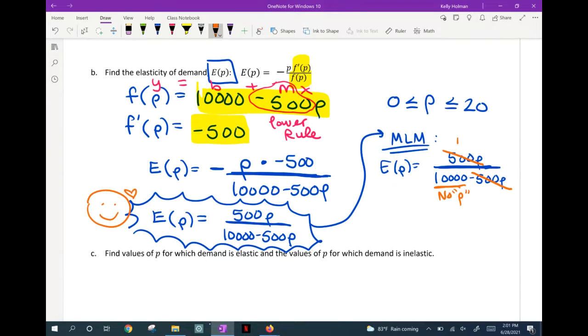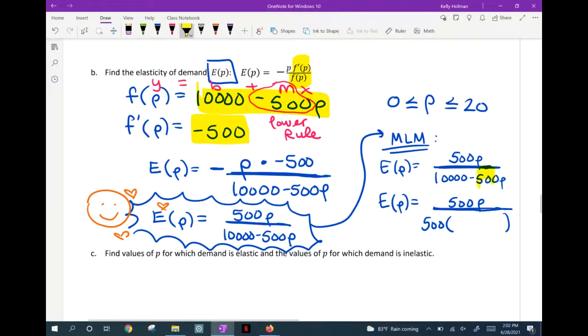This is why I'm happy if you stop here, because the algebra is where people mess up. So what you would need to do over here is factor out the 500 only. So this is what my math lab is going to do. In the denominator, it's going to factor out 500.